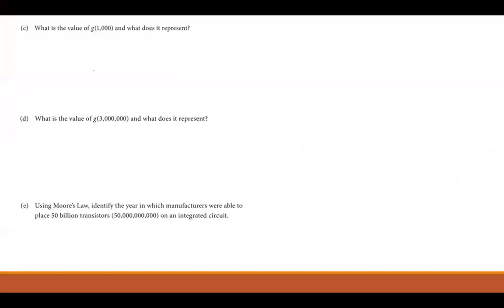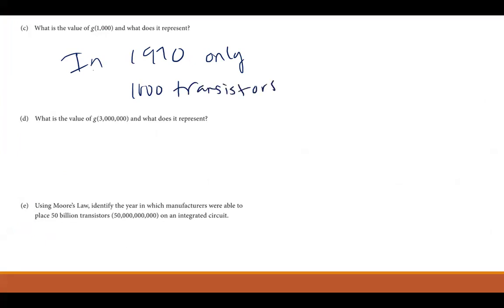So it says, what does it mean? It means in 1970, only 1,000 transistors was capable. Okay.